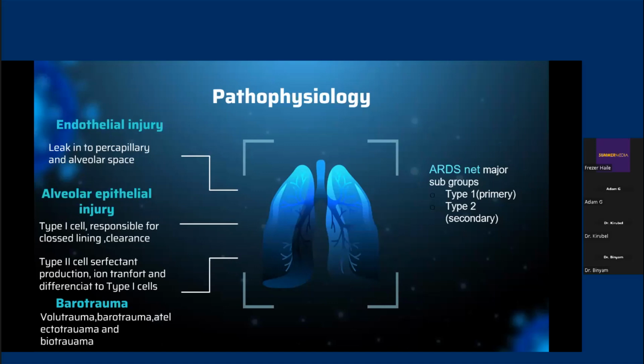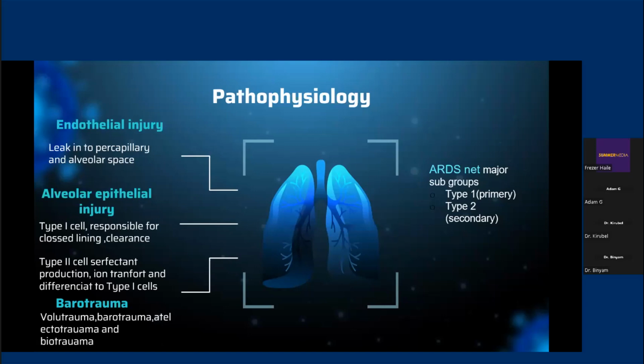The other one is related to peak pressure or increased pressure in the airway, which will give the patient barotrauma. The other one is frequent complete collapsing and opening of the alveoli, which will give the patient atelectotrauma. These are the three mechanisms involved in the pathophysiology of ARDS.